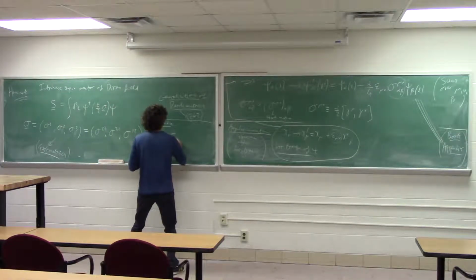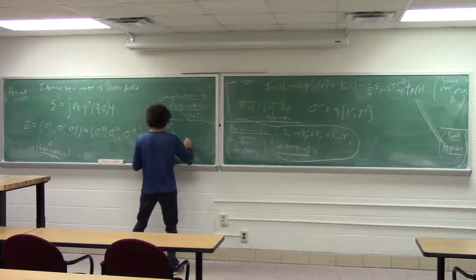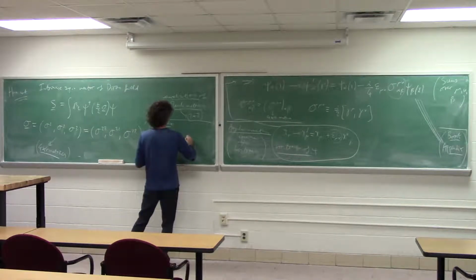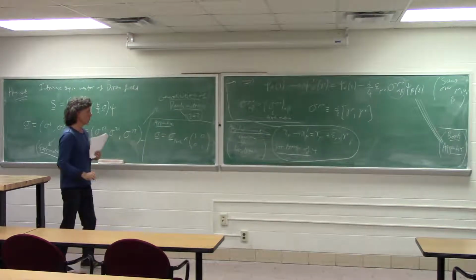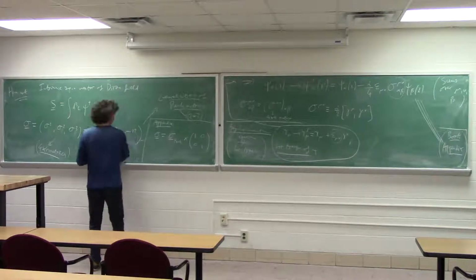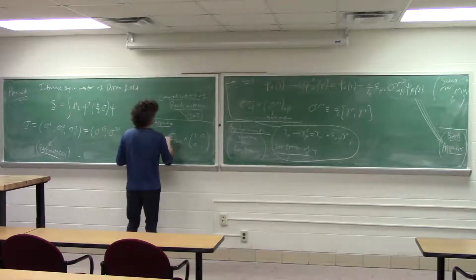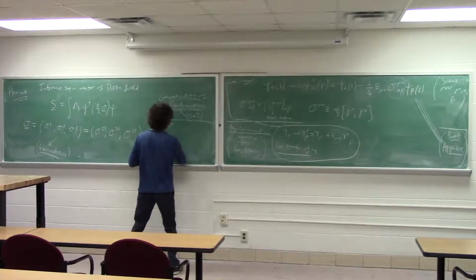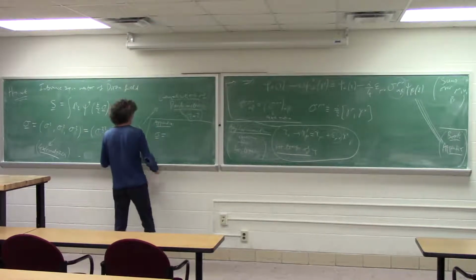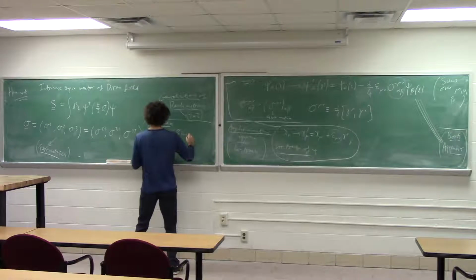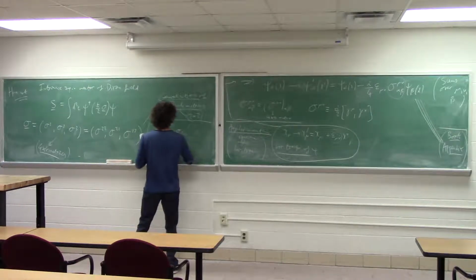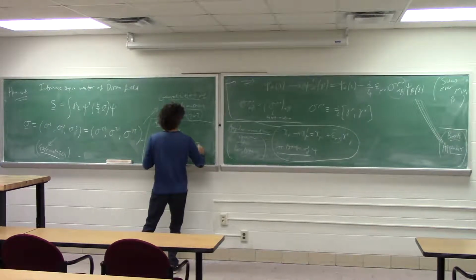You might think, well, maybe these are equal to the Pauli matrices, which are 2 by 2, with an extra block. Let me write it like this: sigma Pauli, 0, 0, sigma Pauli.